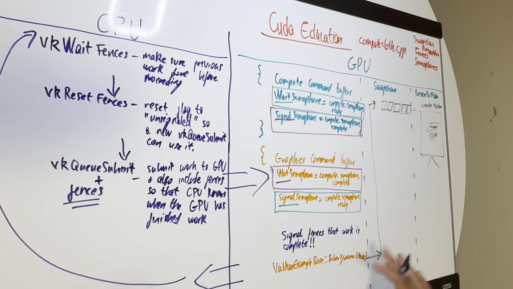Okay, but in order to manage this process right here, we have another set of semaphores. So the semaphores that we have here is a wait semaphore and a signal semaphore.